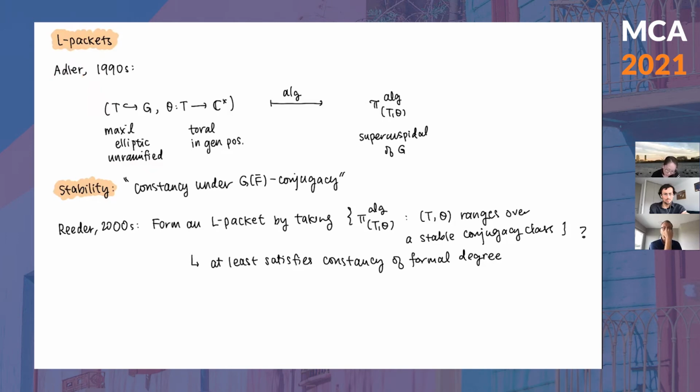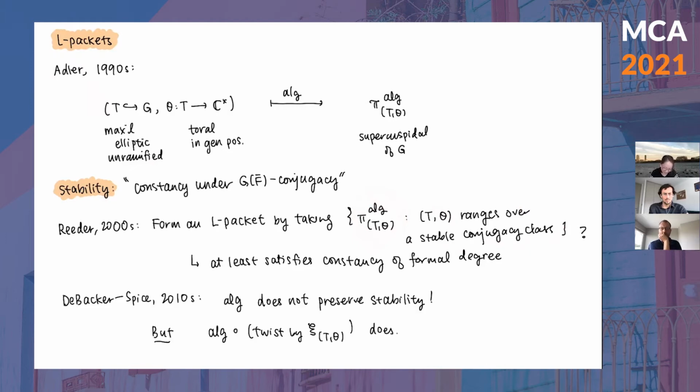And what Reeder proved is that at least this finite set of supercuspidals satisfies the constancy of formal degree property, which is just that if you look at the formal degree of every member of this packet, it is the same as all the other things inside the same packet. Okay, so we have constancy there, but he did not prove stability.